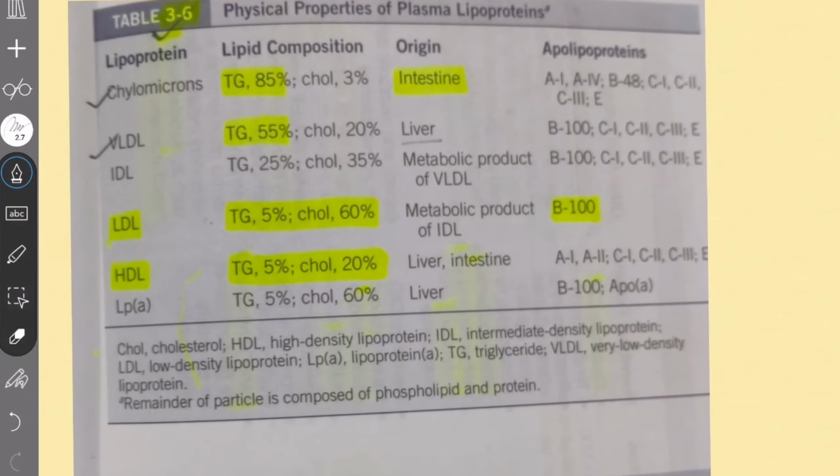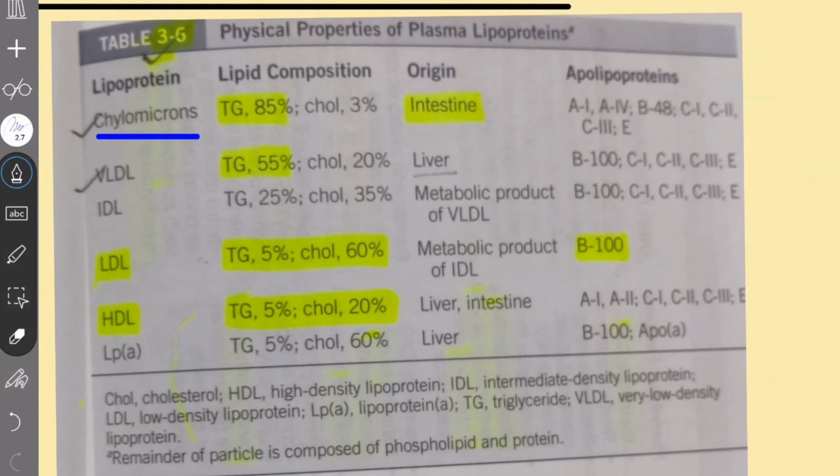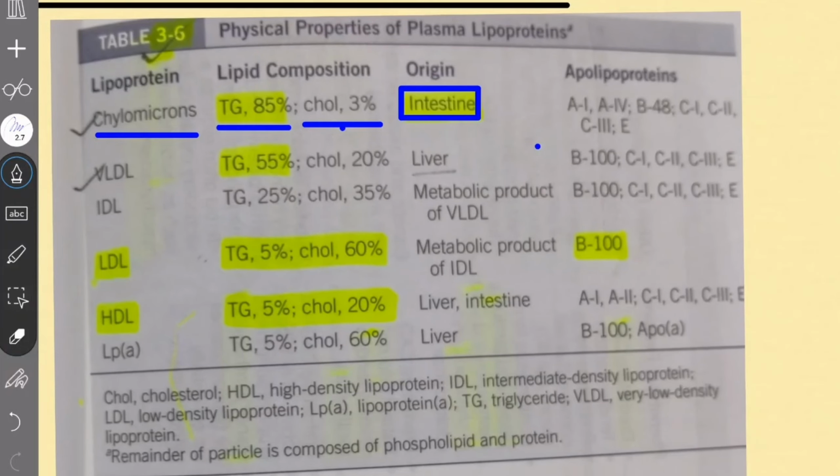Now let's discuss the lipoproteins. First one is the chylomicron. In chylomicron, the major composition is triglycerides, constituting 85%, and cholesterol contributes 3%, and it mostly originates in the intestine. What apolipoproteins can you see in the chylomicrons?